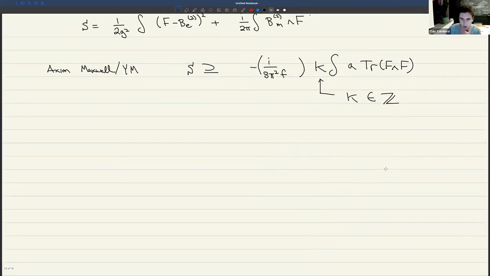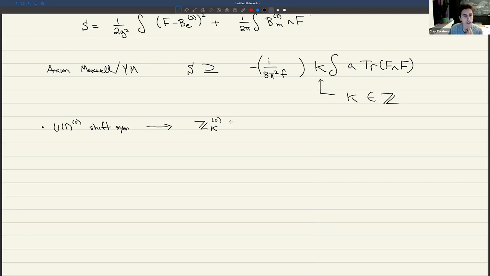Okay, so let's just go through them. So what happens to the shift symmetry? Well, this is broken. As I previously commented to Shiraz, here we have an interaction that includes A explicitly.